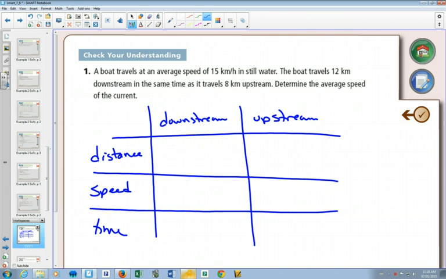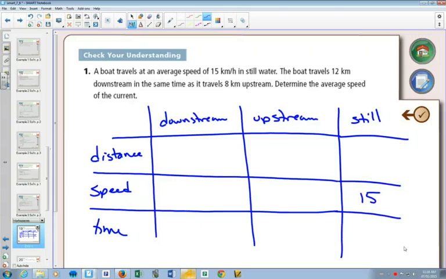Okay, so we could, if you wanted to, add still water here, but he's not traveling. We know that this is 15 in still water, but he's not actually traveling any distance in still water. So this part here you don't really need, but maybe you just want to have that off to the side for information. Do we know how far he's traveling?